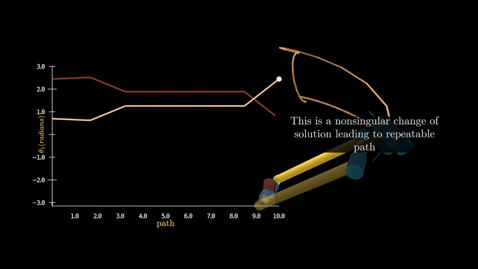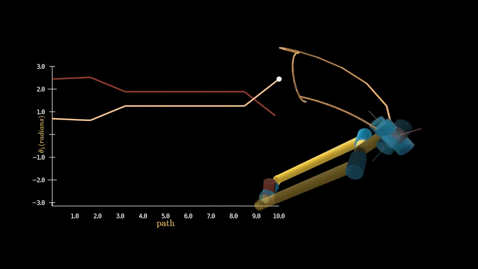This happens due to a special case where the end inverse kinematic solution of the path matches to another path which then is a non-singular solution whose final inverse kinematic solution matches the initial inverse kinematic solution of the path we started from. So for example, this particular path we can continuously repeat the closed path, but every time we will start from a different configuration and end at a different configuration.